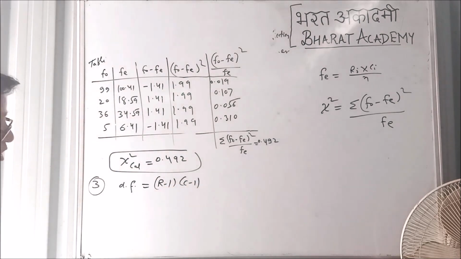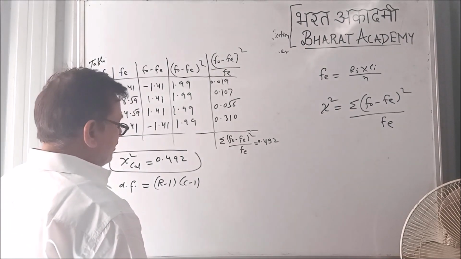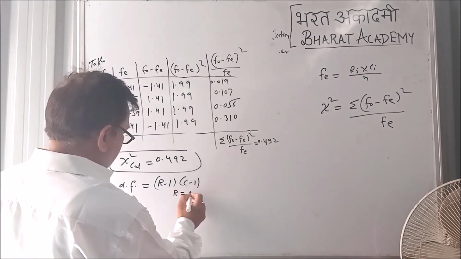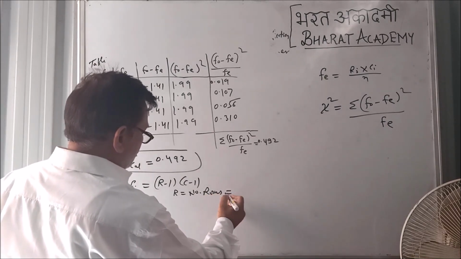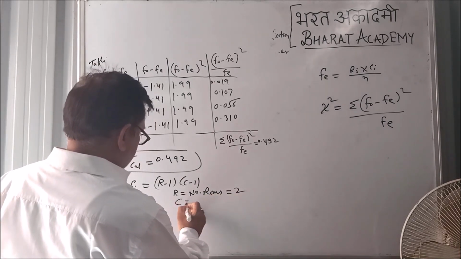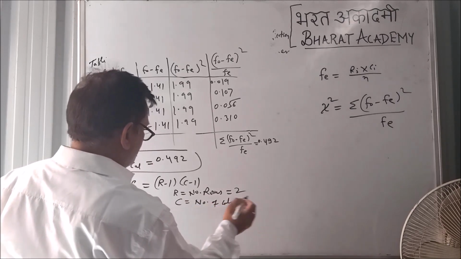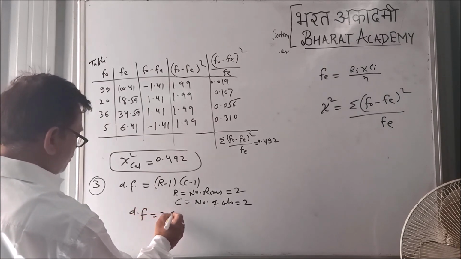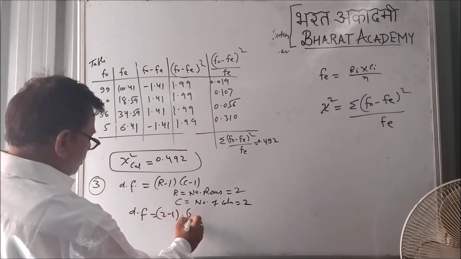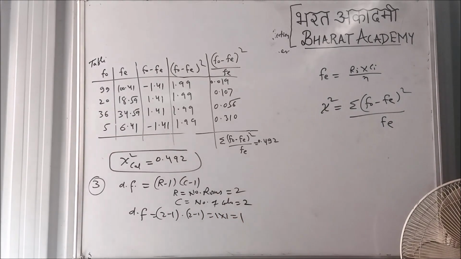In this question, the number of rows was 2 and the number of columns was also 2. So the degree of freedom is (2 minus 1) into (2 minus 1). This is 1 into 1, this is 1. So this is your degree of freedom.